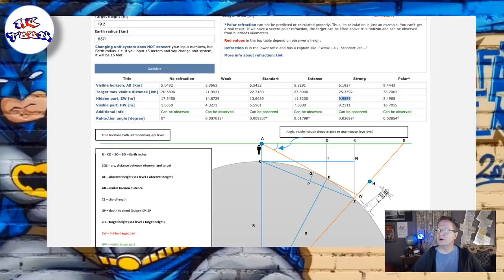And you could go stronger refraction. It depends on the conditions that day. It's difficult to know, and unless you have quantifiable measurements all across the distance, it's very difficult to have an accurate number. So that just increases our margin of error. So 13.6 is how much of that should be obscured bottom up.